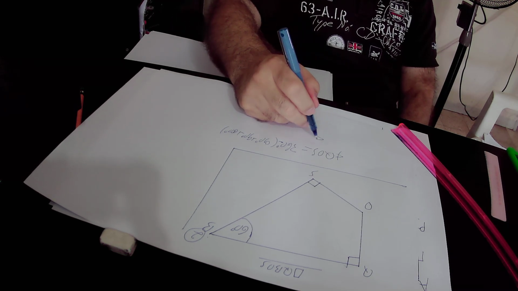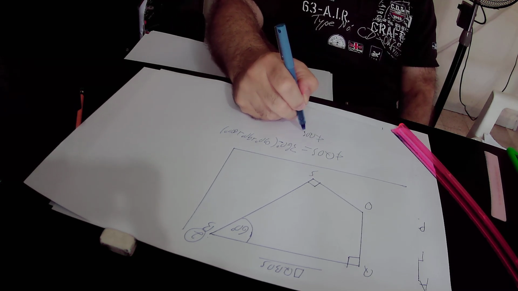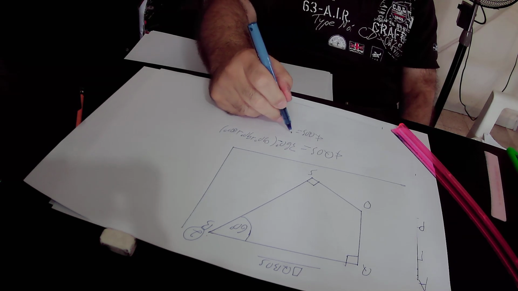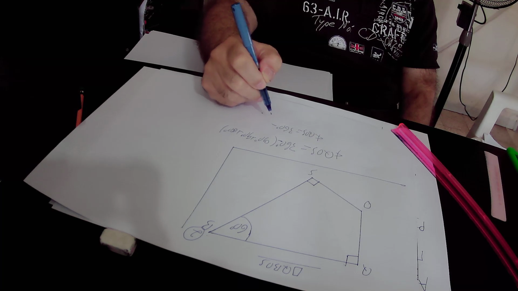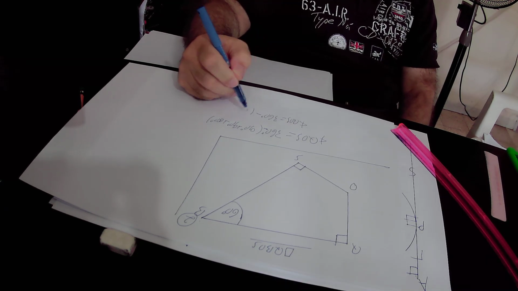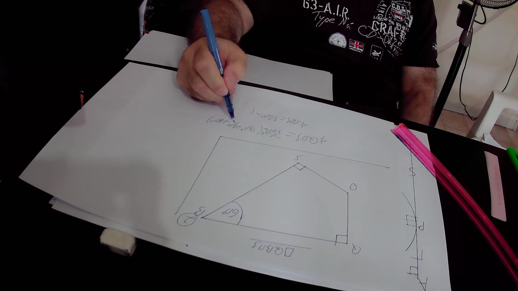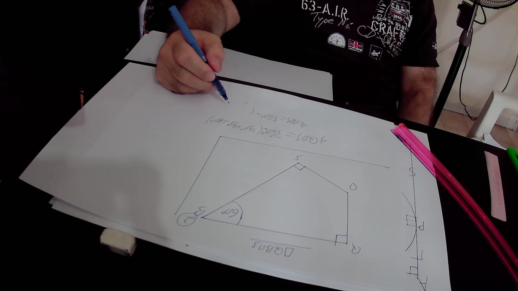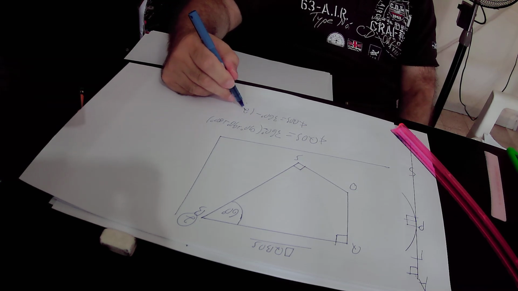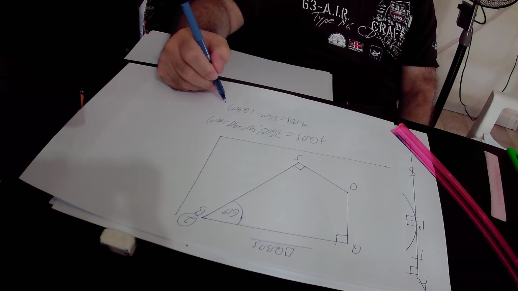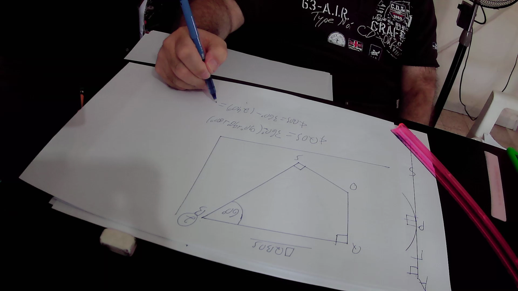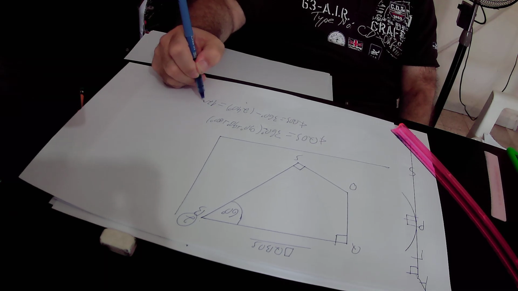So the missing angle, angle QOS, will be equal to 360 degrees minus 90 degrees plus 90 degrees is 180 degrees. 180 degrees plus 60 degrees is 240 degrees. So the missing angle equals 360 degrees minus 240 degrees, which is 120 degrees.